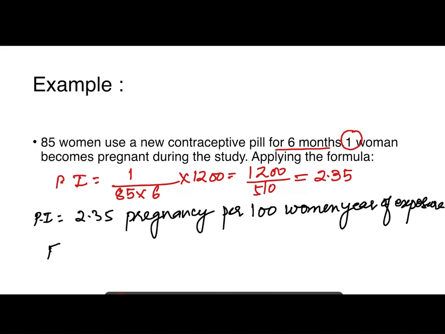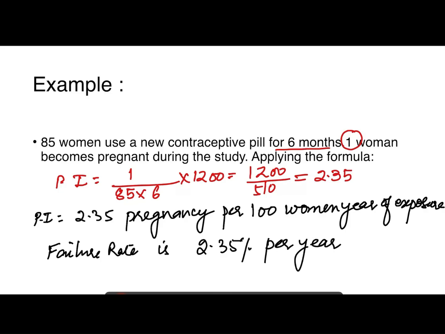Or we can write it as the failure rate of the given contraceptive is 2.35% per year. That is the interpretation of Pearl Index.